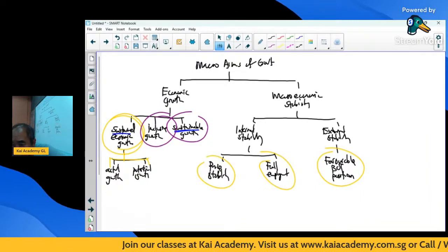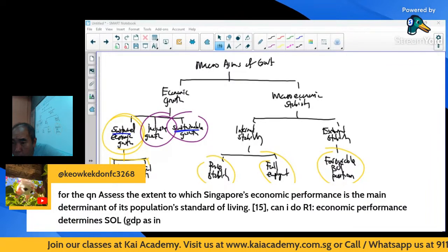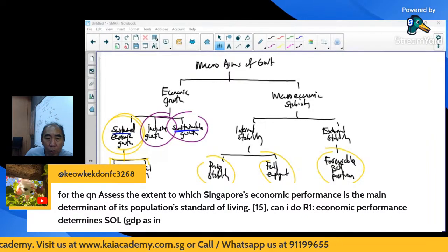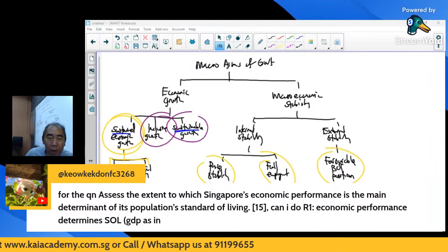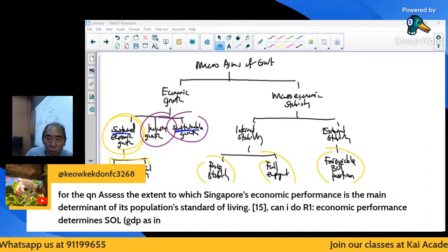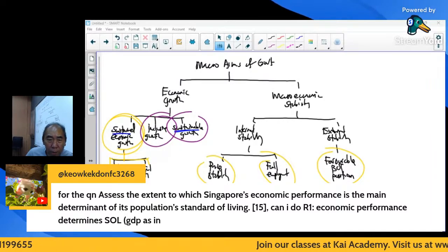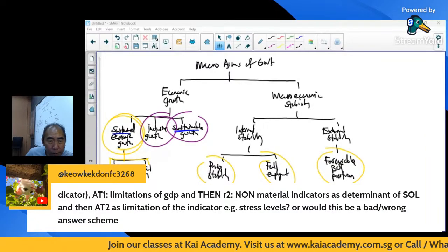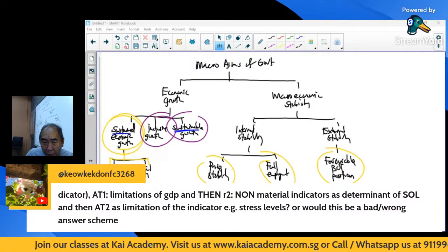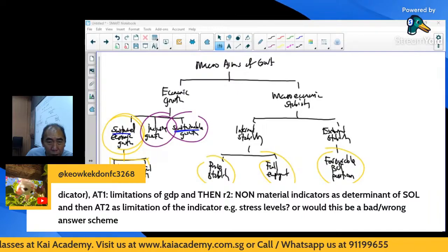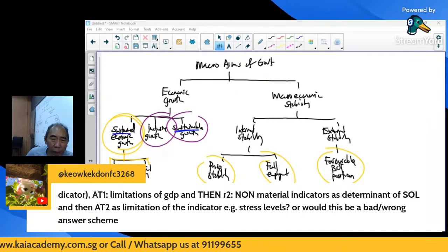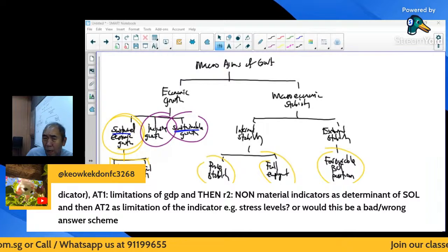For the question, assess the extent to which Singapore's economic performance is the main determinant of the population's standard of living, 15 marks: can I do R1, economic performance determines SOL, GDP as an indicator, A1 is limitation, then R2 non-material? Yeah, that's probably the way your RI teachers will want it.